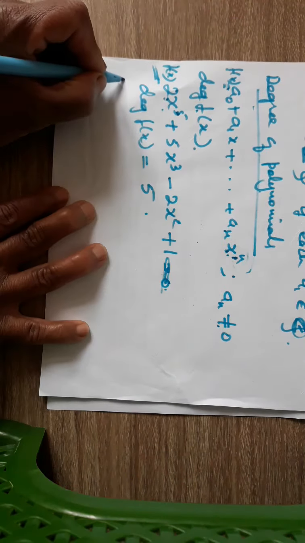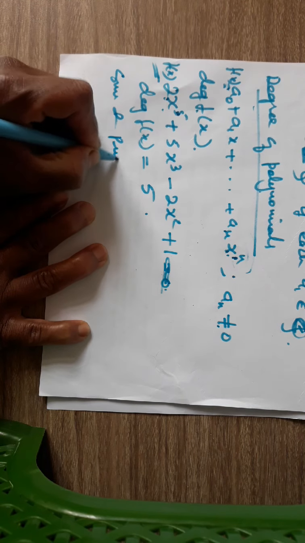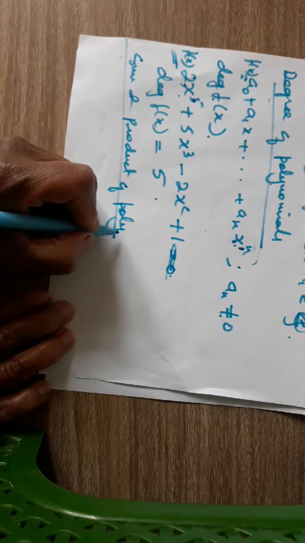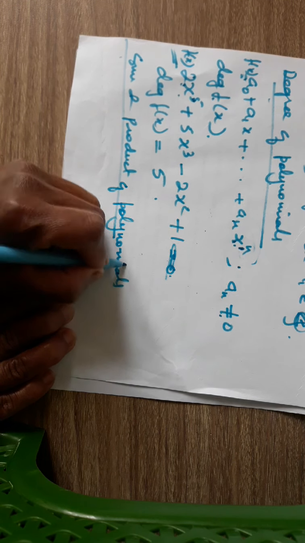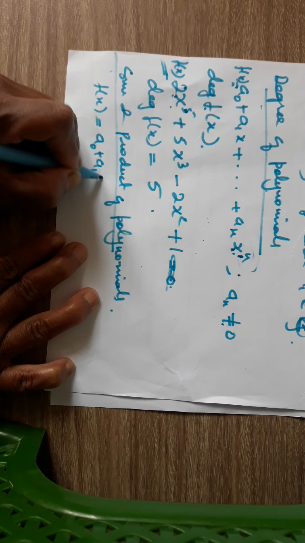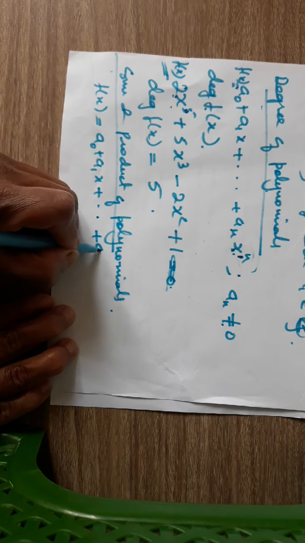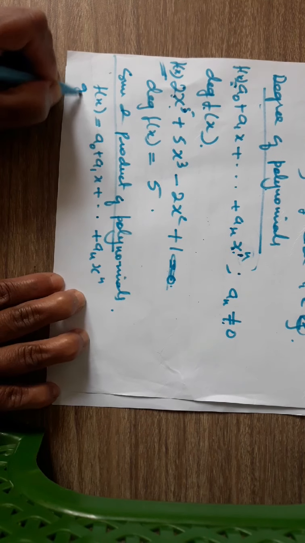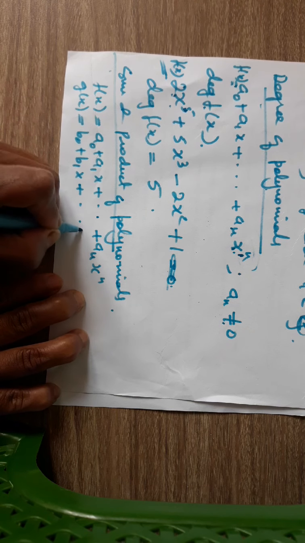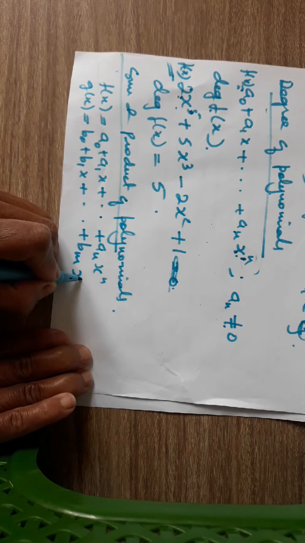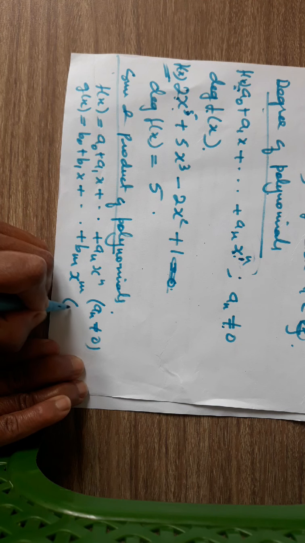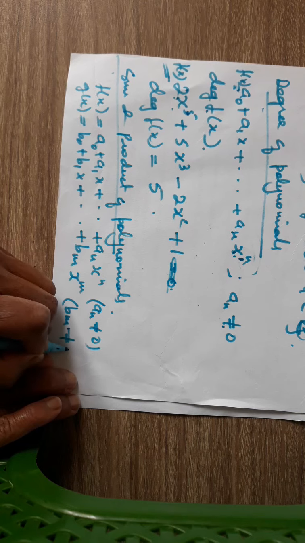Now for the sum and product of polynomials, we consider f(x) equal to a naught plus a1x plus dash dash plus an x to the power n, and g(x) equal to b naught plus b1x plus dash dash plus bm x to the power m, with an different from 0, and bm also different from 0.